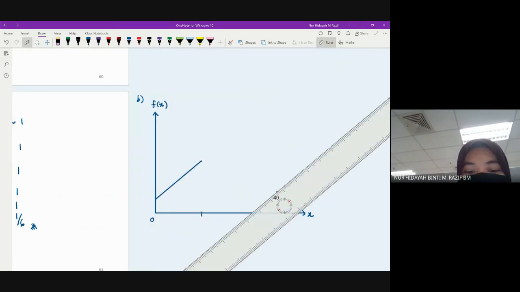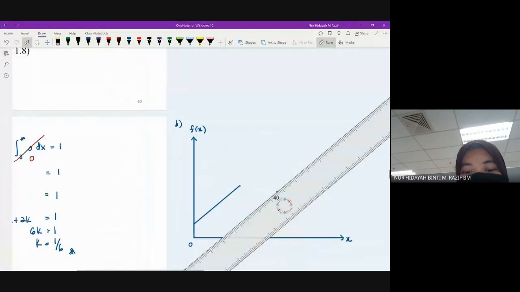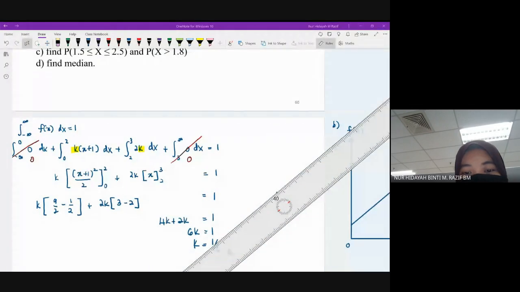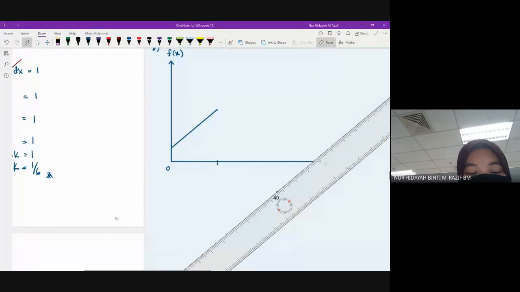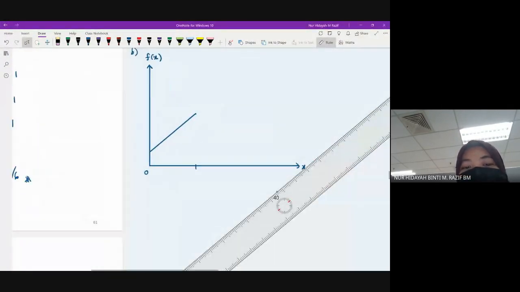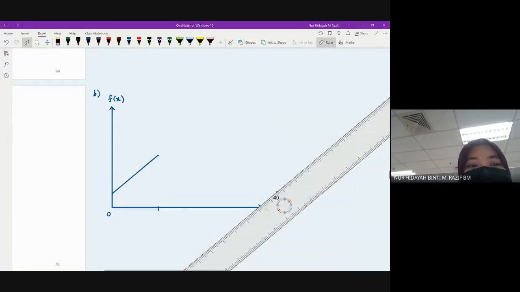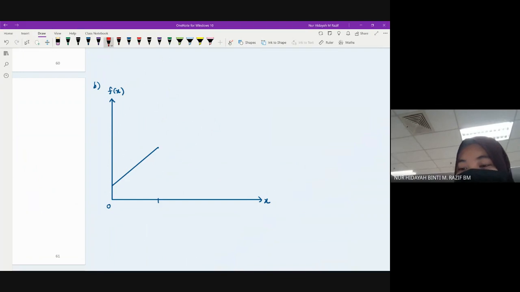Okay, yang mana kita tahu di sini dia akan start dengan nilai, okay, saya label tu sekejap lagi. Okay, now selepas itu, saya terus kira lah. Alright, tutup ruler jap. So kita tahu fx saya adalah 1/6 x tambah 1.